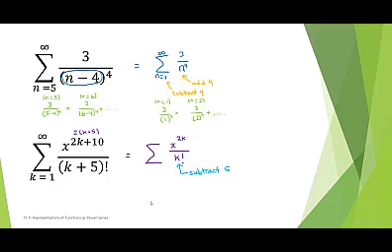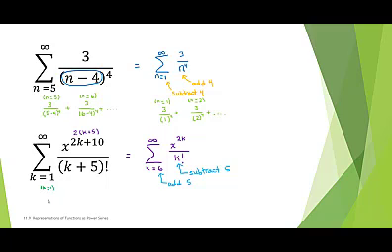So in my original sum, when my first term corresponds to k equals 1, I need to add 5 to that index for my new sum. So my new sum starts at the index k equals 6 and goes to infinity. Again, we can write out a couple of terms just to make sure that this is okay.